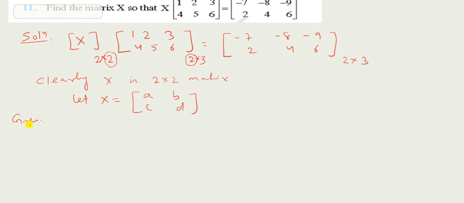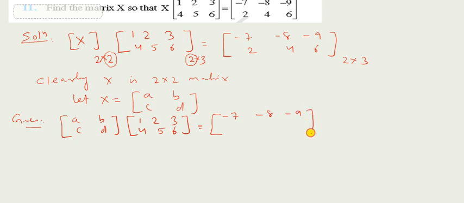Given: in place of X I am writing [A, B; C, D], next it is [1, 2, 3; 4, 5, 6], equal to [-7, -8, -9; 2, 4, 6]. This is 2 cross 2, this is 2 cross 3 and this is 2 cross 3, right?